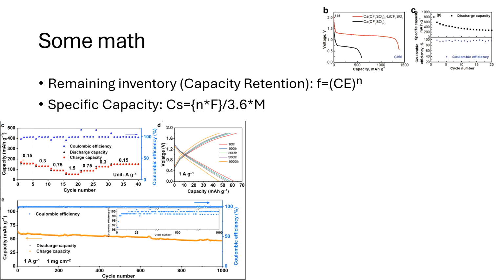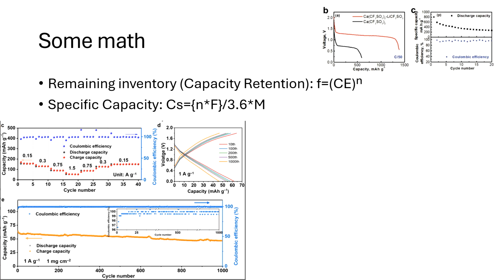Let's also really quickly go over some math. The two main things that we use in order to measure how good a battery is, we'll say, is capacity retention. So it's how long a battery can last, almost.